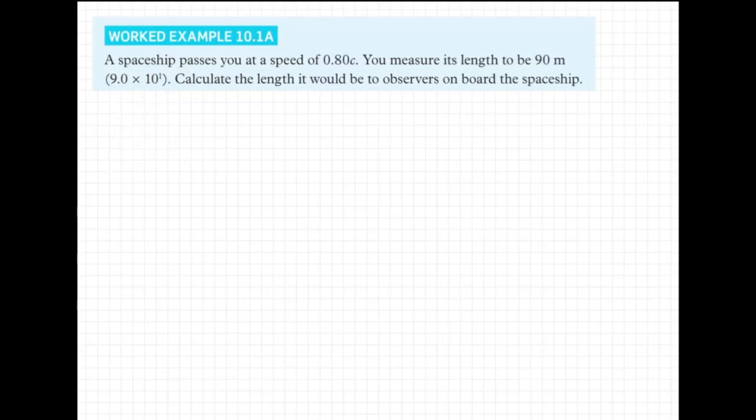So is this distance here, 90 meters, relative length or proper length? You measure it, the spaceship is passing you, so you're measuring a relative length. L equals 90 meters, and let's use the notation they've given for significant figures, 9.0 by 10 meters.